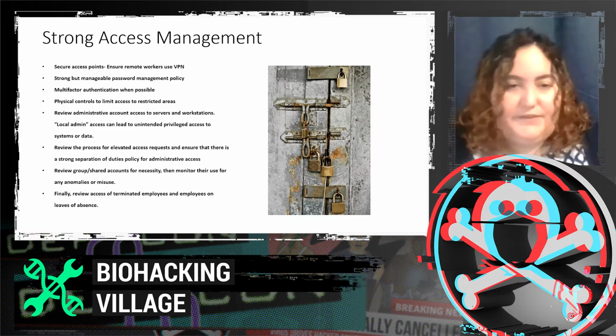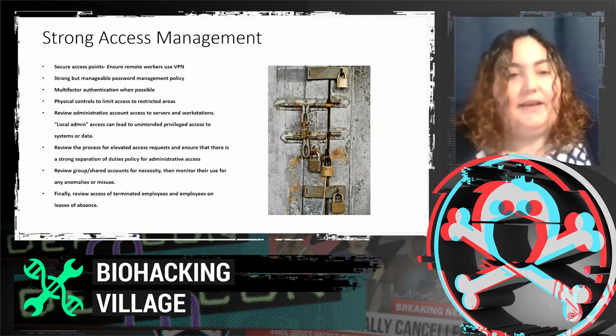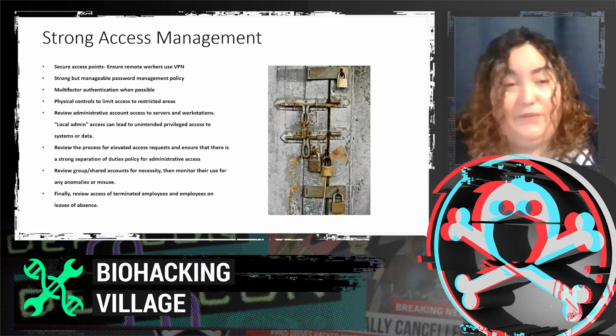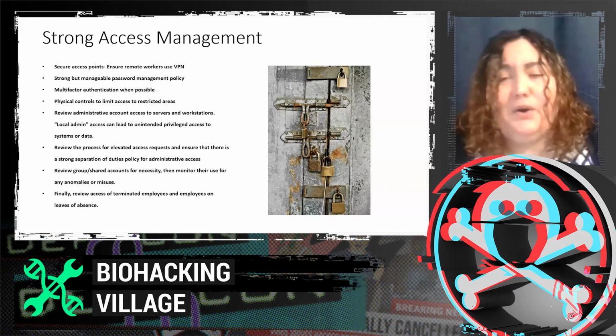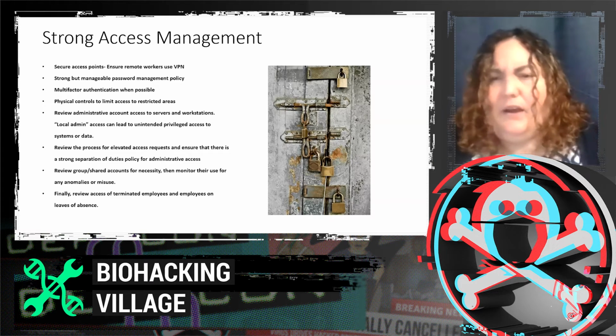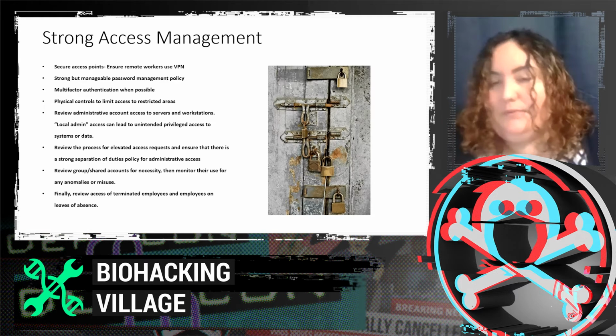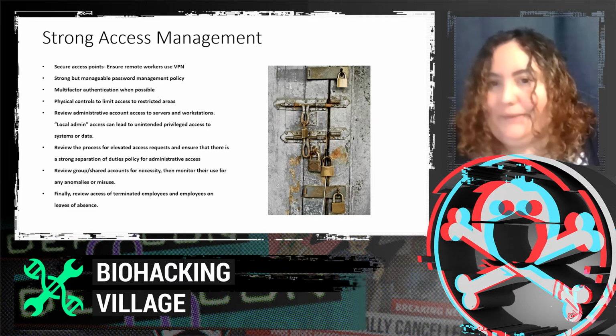Review shared accounts for necessity, and then monitor for abnormalities or misuse. And finally, you want to review your terminated employees or people that are on leave of absence. If those accounts are not terminated quickly, they can be used inappropriately.